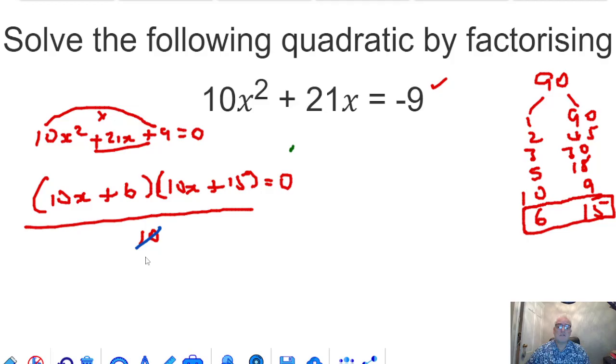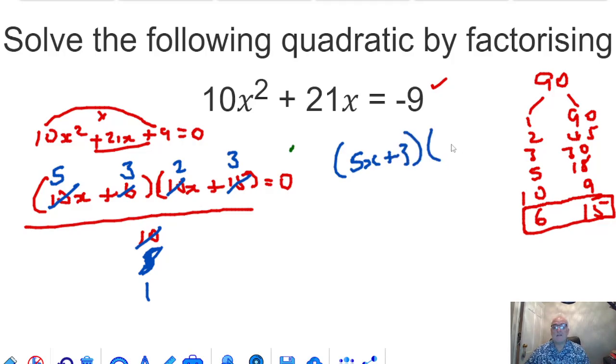So let's divide through by 2. 2 goes into 10 5 times and 6 3 times. 5 won't go into the 3, but you'll see the 5 will go into the other side. Divide that through by 5 gives me 2, and 15 divided by 5 gives me 3. So my brackets will end up being 5x plus 3 and 2x plus 3.